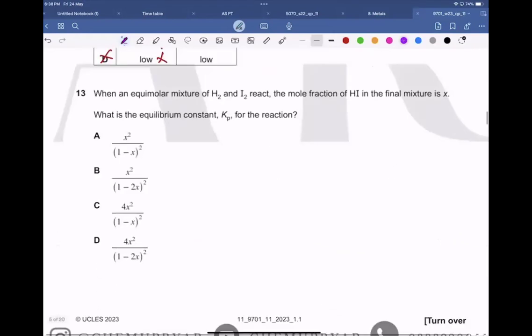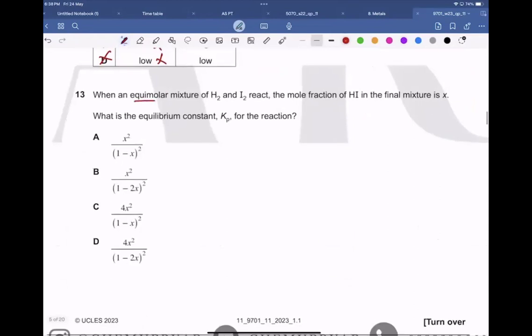Now question number 13. When an equimolar mixture of hydrogen and iodine reacts, the mole fraction of hydrogen iodide in the final mixture is X. What is the equilibrium constant Kp for this reaction?